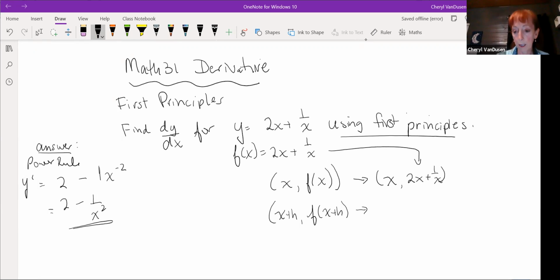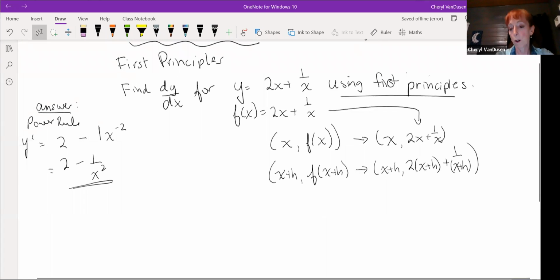And then here we rewrite x plus h, and every place we see x, we put x plus h. So it becomes 2 bracket x plus h bracket plus 1 over x plus h, in full brackets.